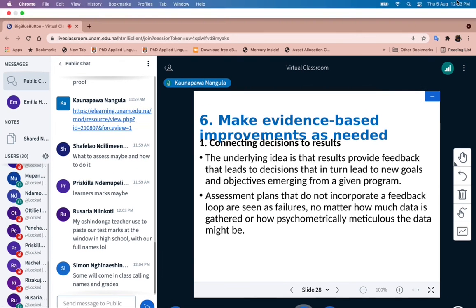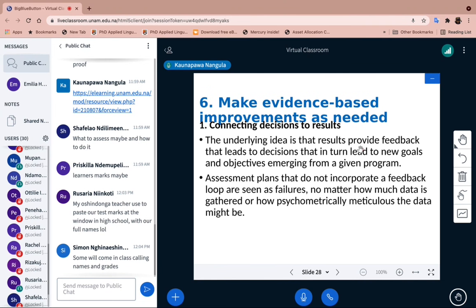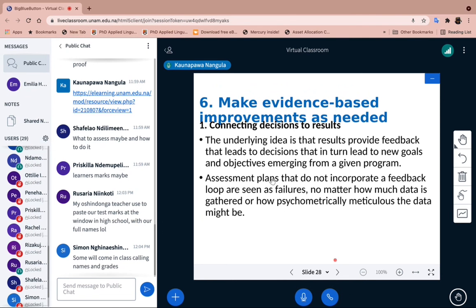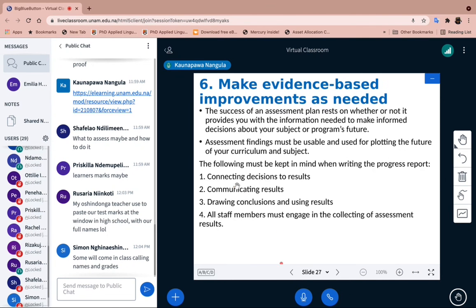We don't have enough time because it's already 12:23 and we should end at 12:25. I'll stop here and decide whether I should go through all these points, since I have already explained them. So that's where we're going to end our class today.